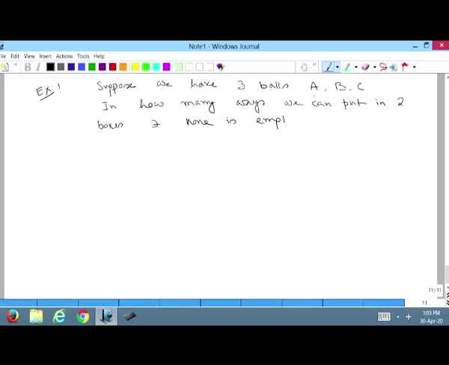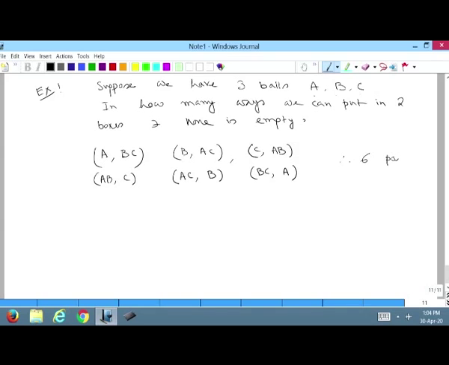That is the question. We can do it in the following way: A comma B C, that is one way of arranging; B comma A C, C comma A B, A B comma C, A C comma B, and B C comma A. Therefore, 6 possible ways.